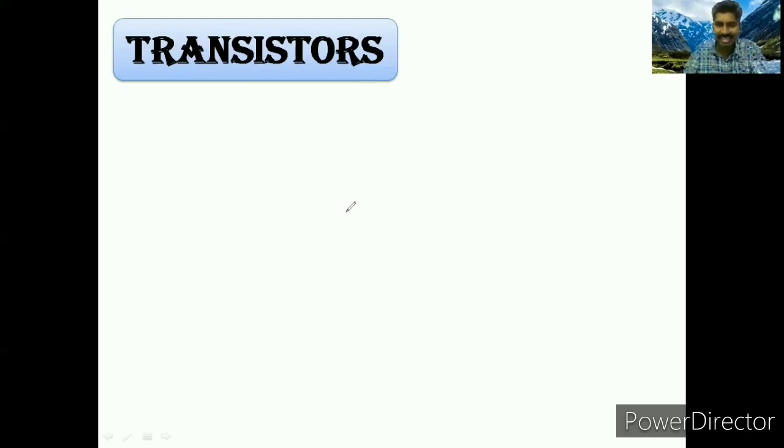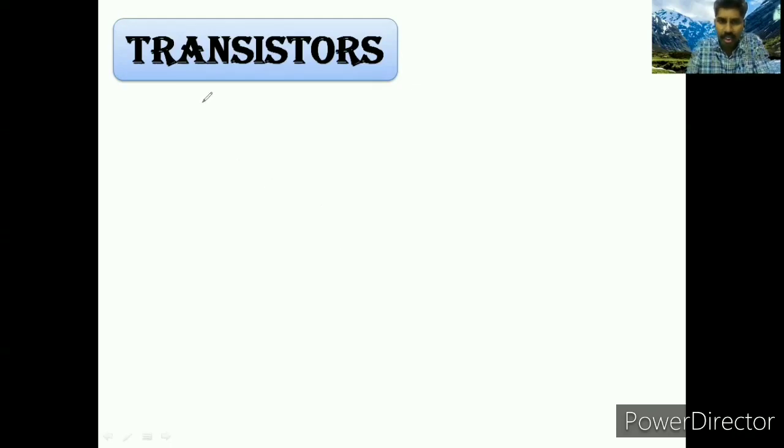Now these transistors are classified into two types: NPN transistor and PNP transistor. In electronic circuits, transistors are connected in three ways: common base configuration, common emitter configuration, common collector configuration.